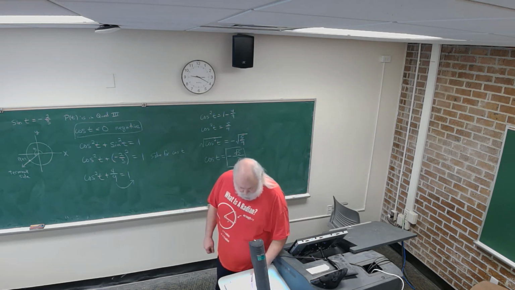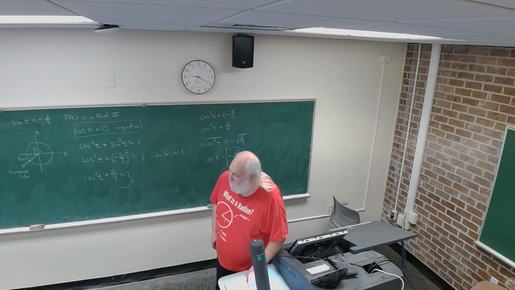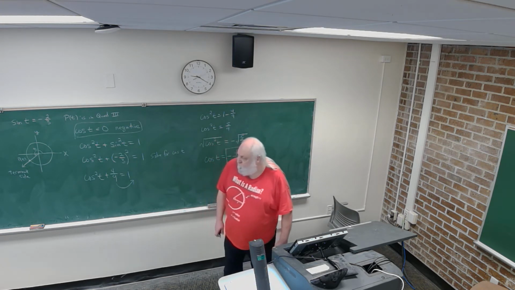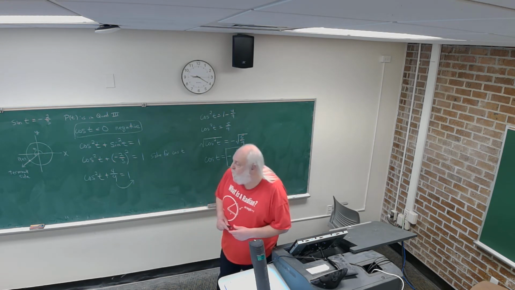Both cosine of 0 and cosine of 2 pi are equal to 1 because they're coterminal angles. They have the same terminal side. The same can be said about sine of 0 radians and sine of 2 pi radians. Because they are coterminal, sine 0 and sine 2 pi are both equal to 0. They both have the same value of the y coordinate.